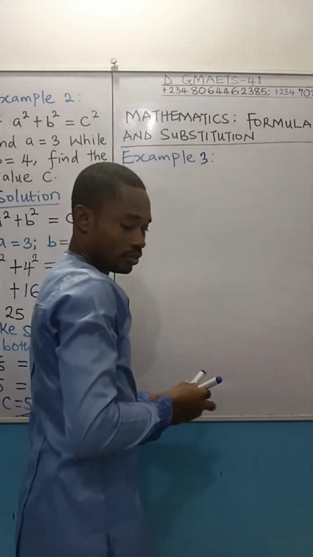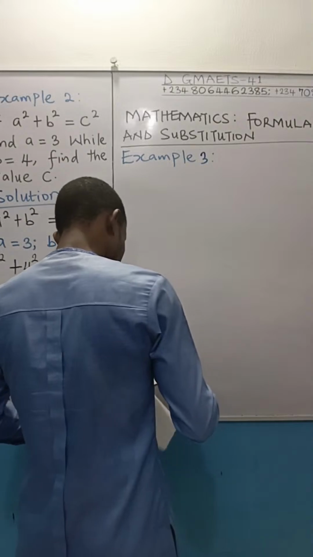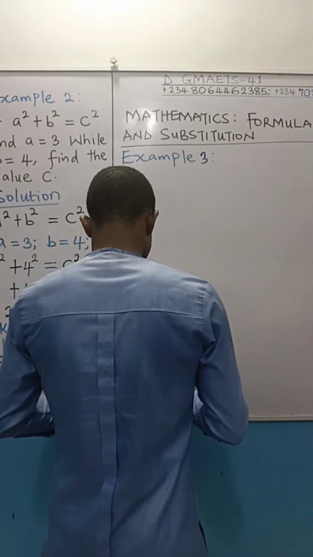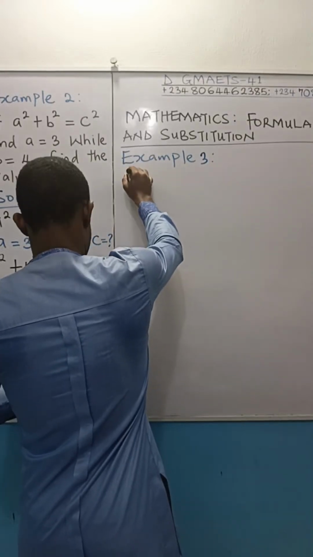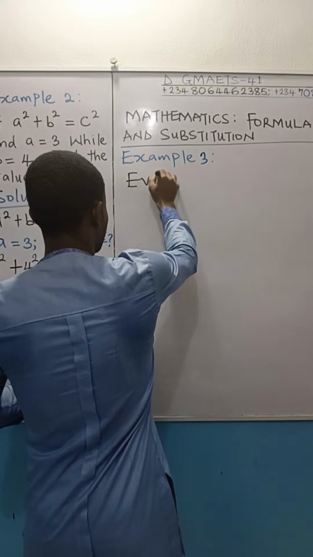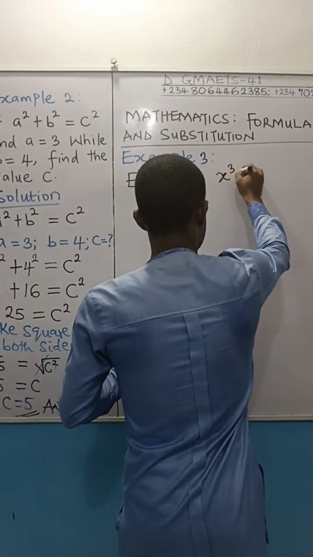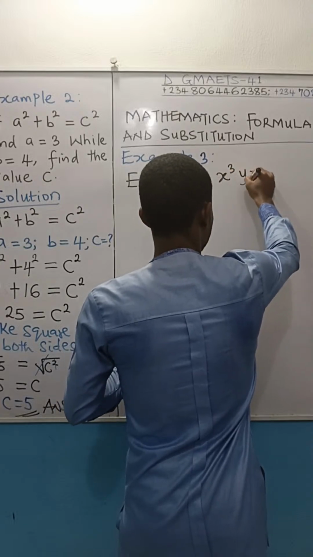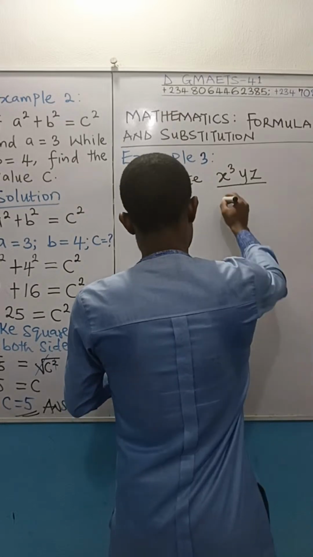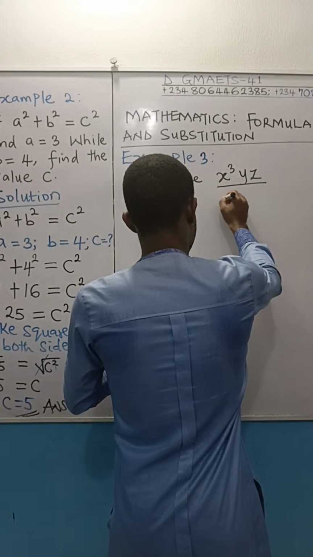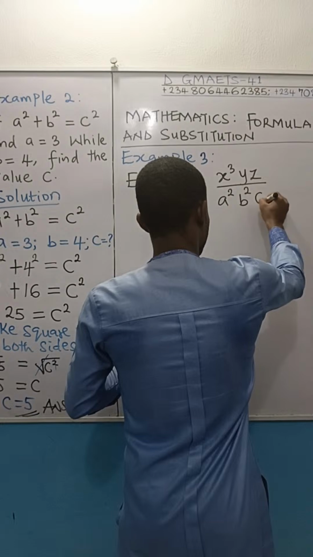Example 3. Evaluate x raised to the power 3, y, z all over a raised to the power 2, b raised to the power 2, c.